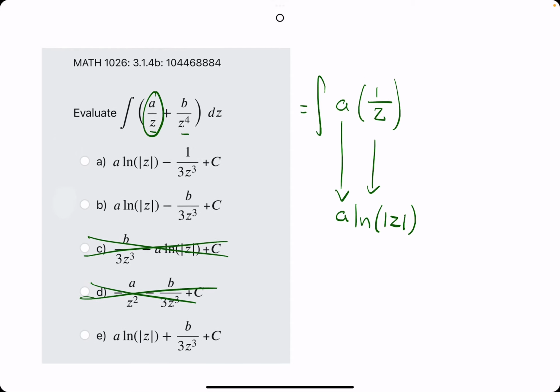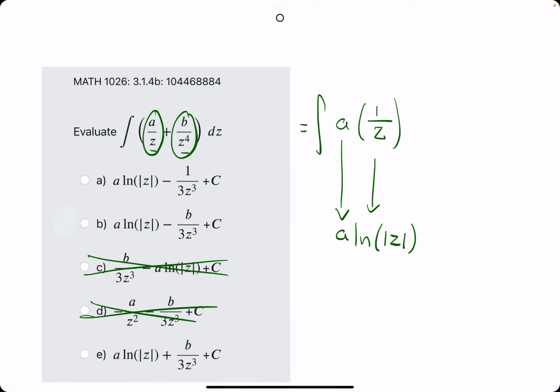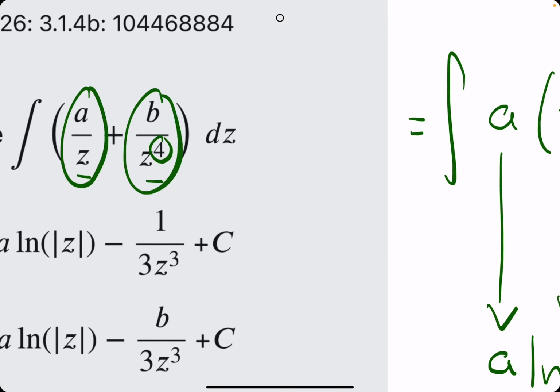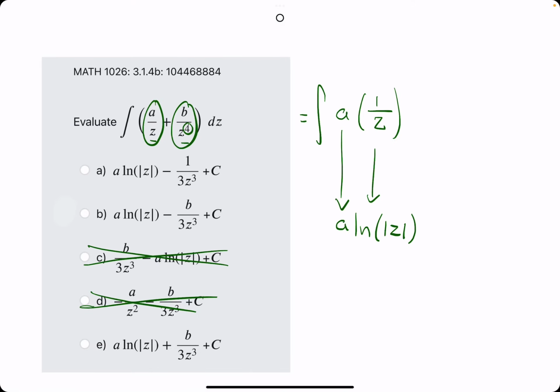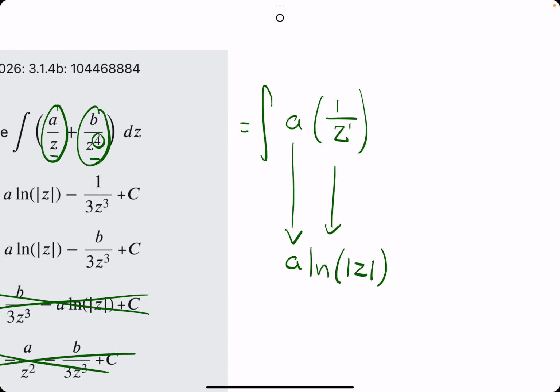So then we are looking at this term, plus b over z to the fourth. Anytime we have a variable raised to a different exponent in the bottom that's not 1, this will mean we are going to use the reverse power rule.